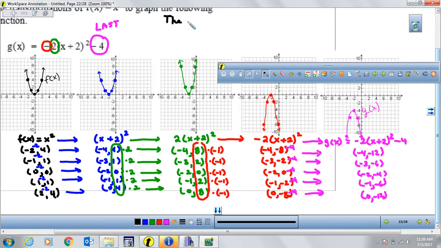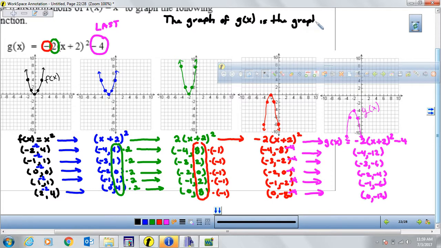So we're going to say that the graph of g of x is the graph of f of x, but first of all it was shifted 2 units to the left, comma, then vertically stretched.